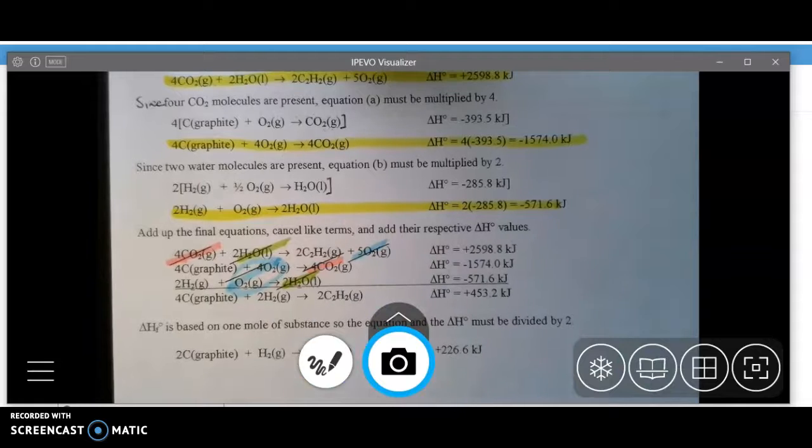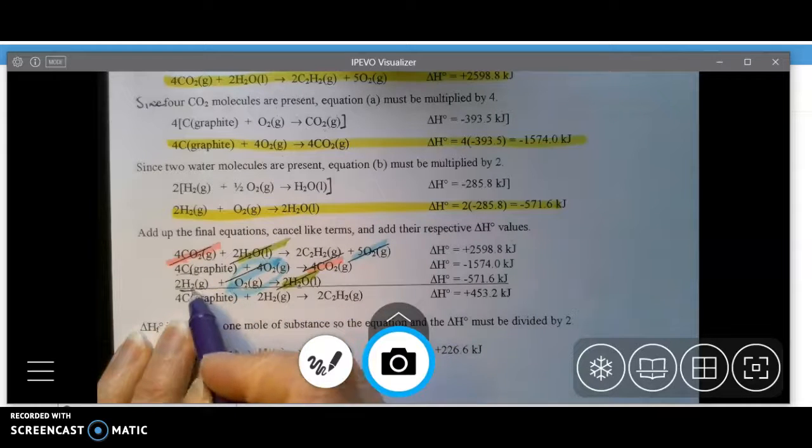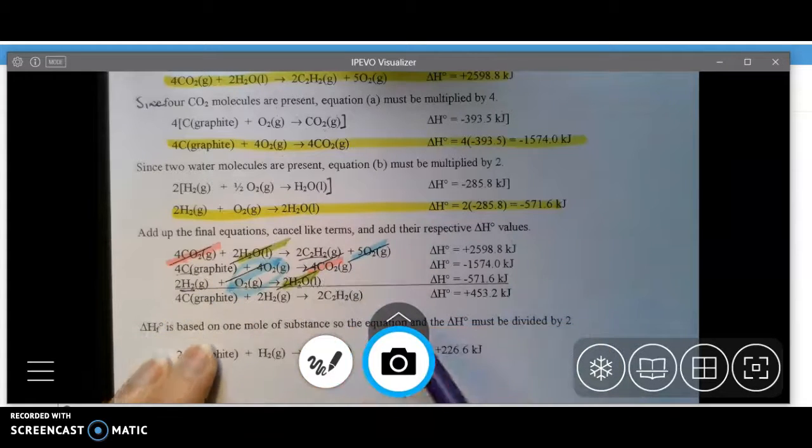And what I'm left with then are simply the things that I want to form acetylene. So 4 carbon graphites, 2 hydrogen molecules, and 2 acetylenes.